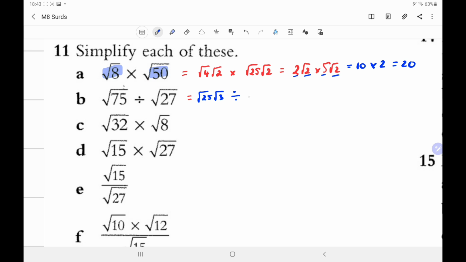Root 27, well that can be square root of 9 times square root of 3. So what we have here is 5 root 3 divided by 3 root 3. So I'm going to write it as a fraction, top divided by bottom, so that you should see that the root 3's cancel and you're just left with 5 over 3.